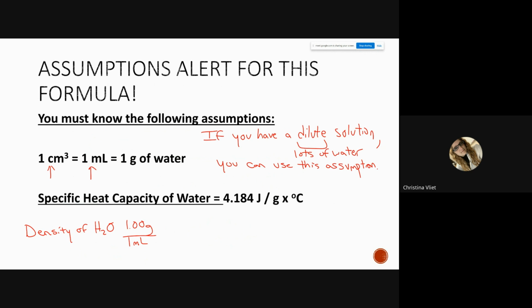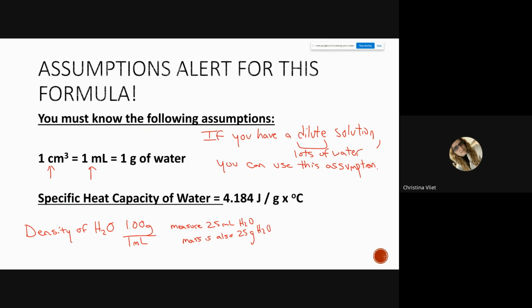So when I pour out milliliters of water, that's also the amount in grams. This means that if I measure 25 milliliters of water, the mass is also 25 grams.